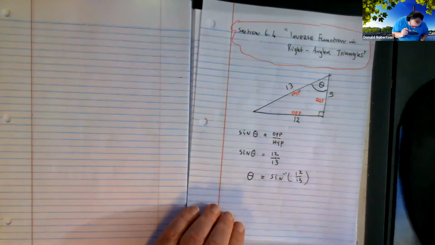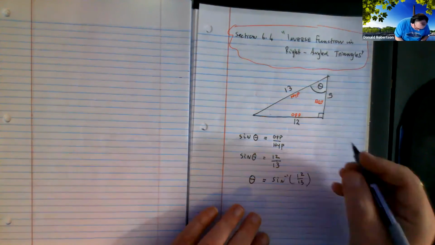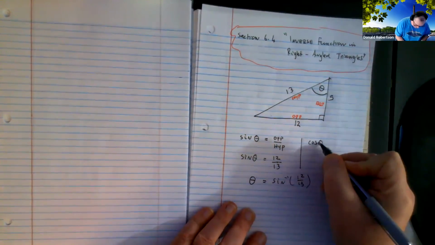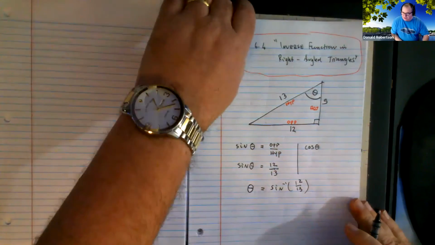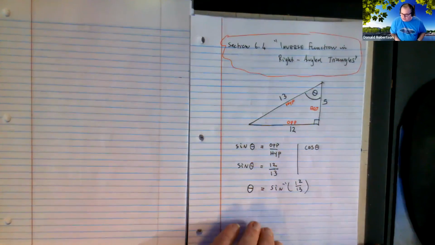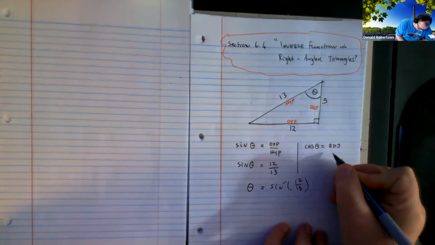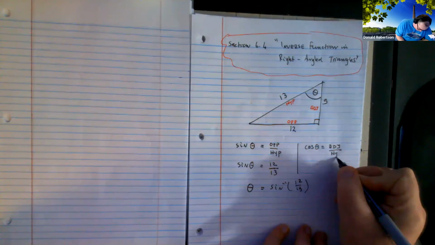So here's another kind of different issue. Couldn't I find the cosine of theta in this triangle? Because I know all three sides. And won't the cosine be the adjacent over the hypotenuse?